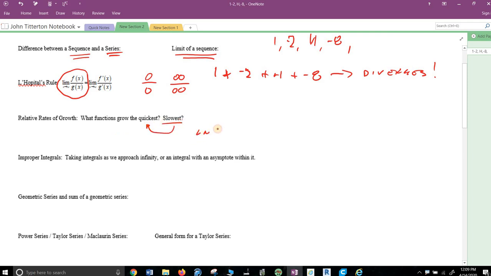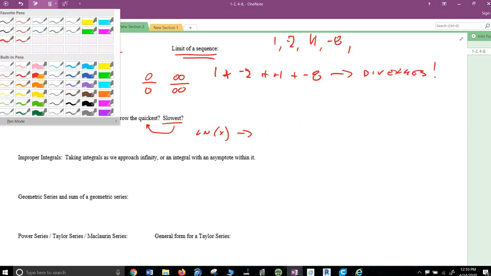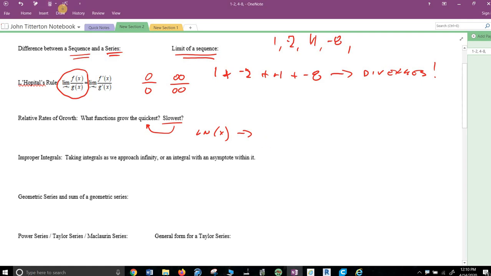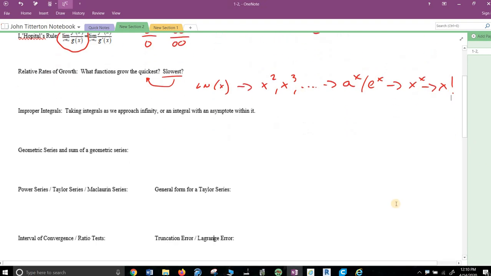Well, we know that natural log is slowest, and then we get any x squared, x to the third, to any exponential, the classic being e to the x, up to x to the x, and then factorial is the fastest growing one of all, which we use to analyze whether a series converges or diverges at a first glance, but not to actually prove it.